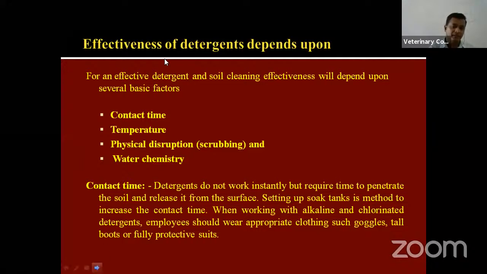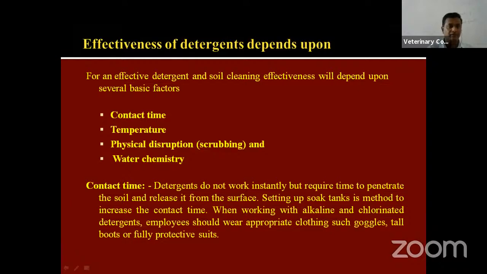Whenever we apply these detergents, the contact time, temperature, physical force applied, and the water chemistry matter, because after all, without water cleansing is not possible. If water itself contains certain dissolved minerals, it is very difficult, because it itself leads to the formation of scales, which is not acceptable. So that's why the chemistry of the water is very important.